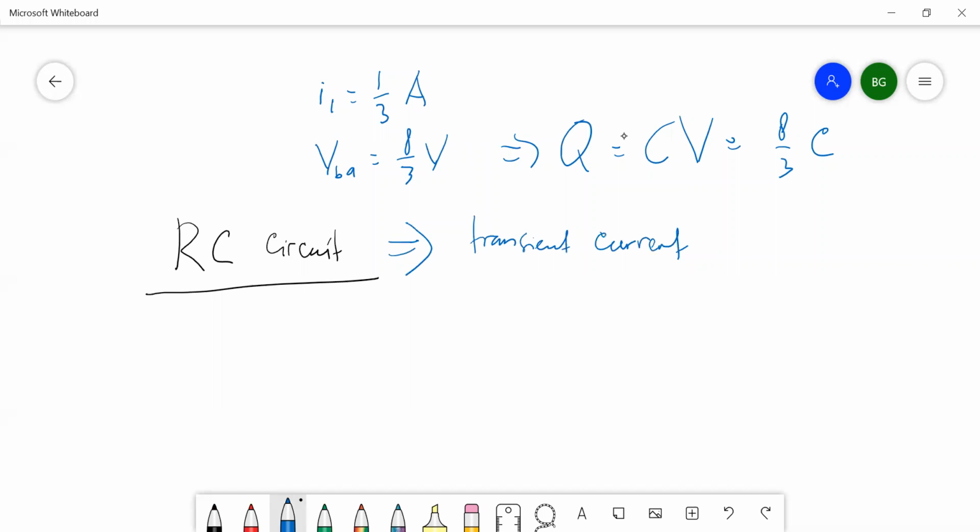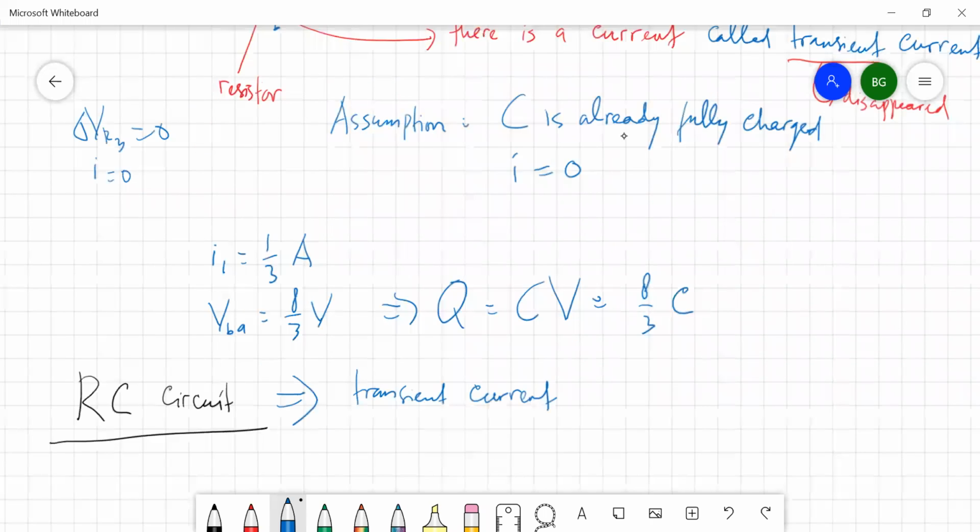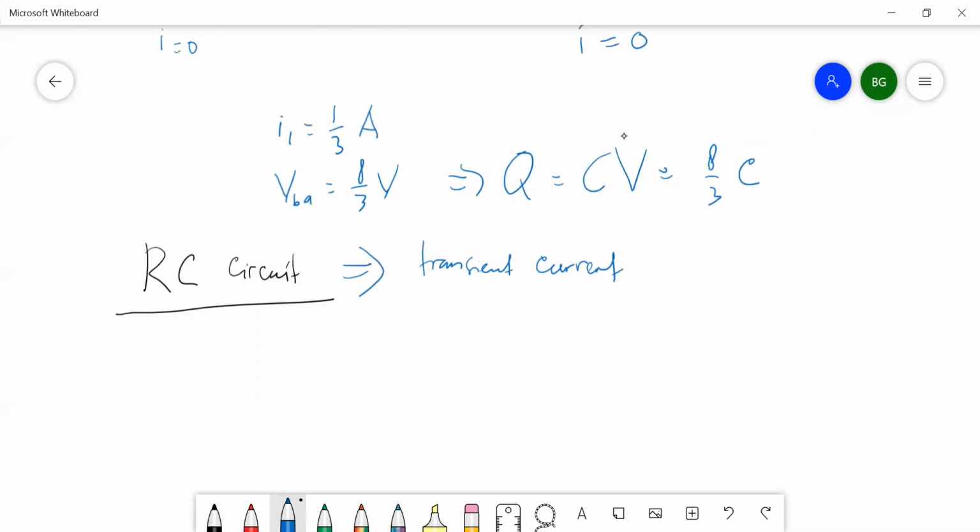Transient means this current will disappear after a very long time.